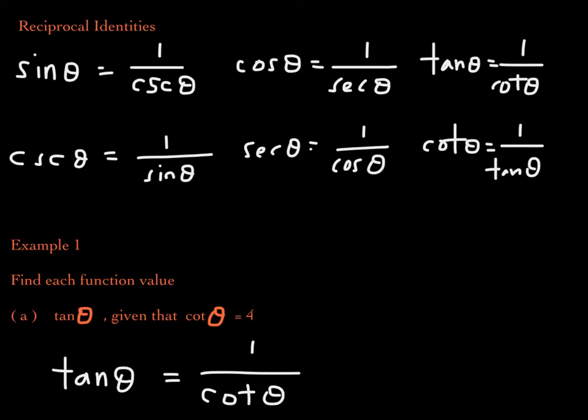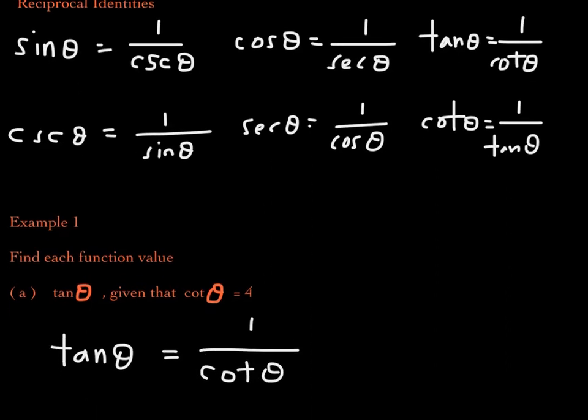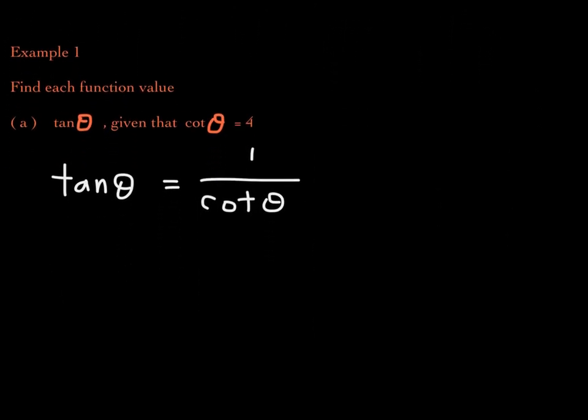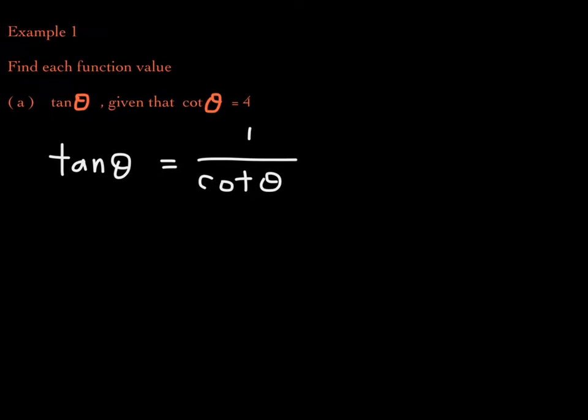Let me move the screen up a little bit for us. And so that would imply that this is 1 over, and then cotangent of theta is given, it is 4. So then tangent of theta is simply just 1/4. Not too bad. Let's try another.